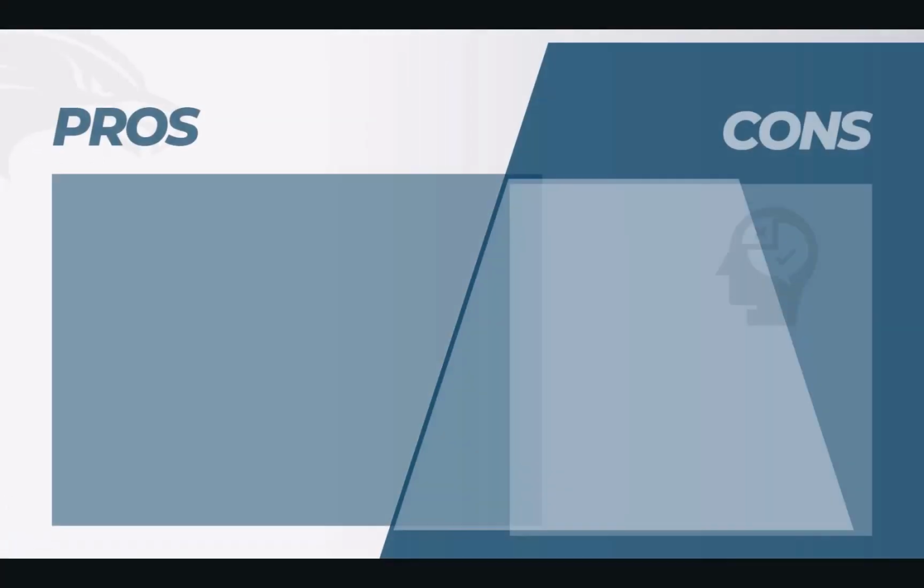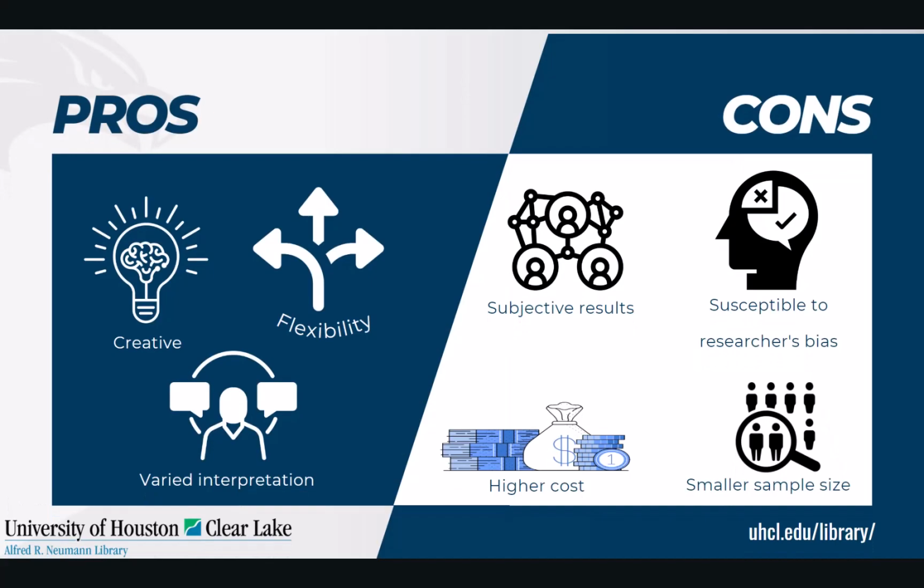Now, let's go ahead and talk about qualitative research. Some of the pros that you'll find in qualitative research is that it has creativity and the interpretations can be varied, which therefore allows the qualitative articles to provide more flexibility in their research and findings.